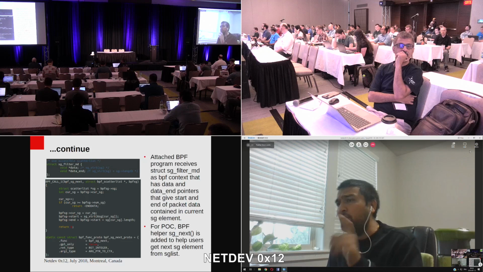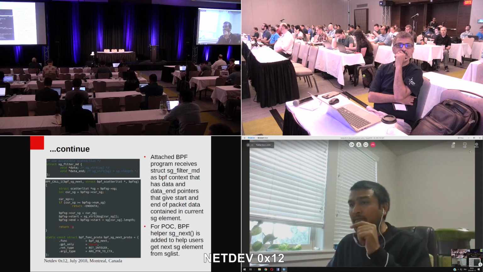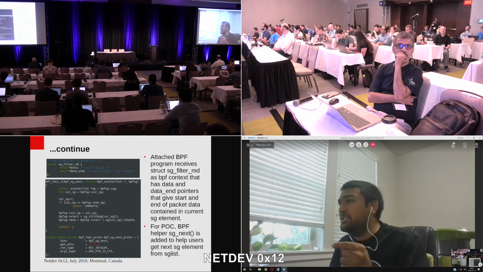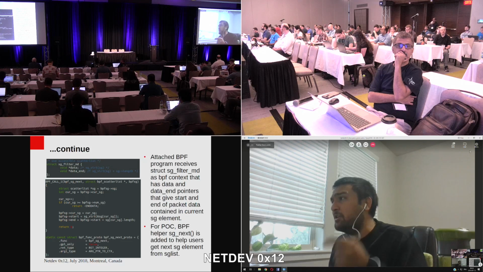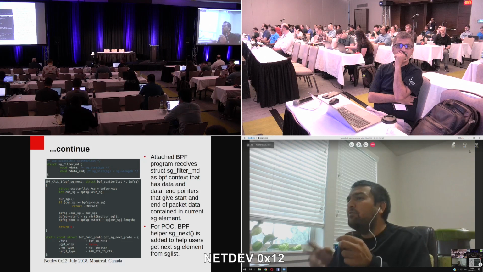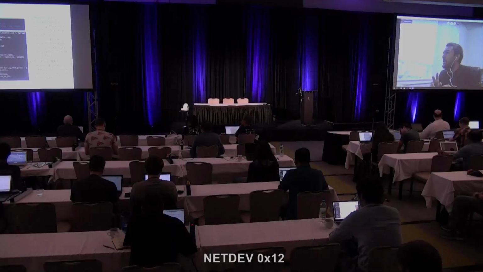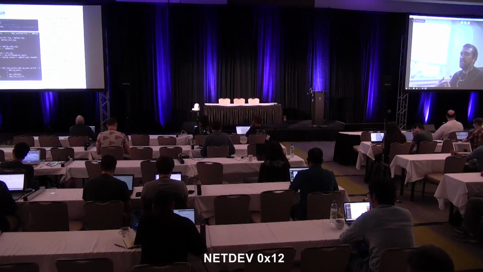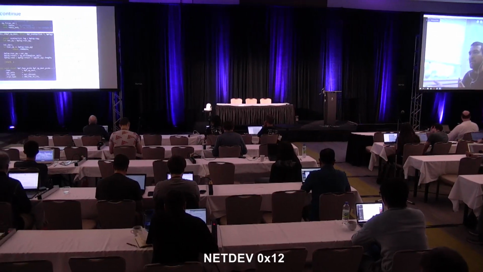When this function is called from the BPF program, it increments the current SG, which allows me to point to the next SG index or SG element in the SG list. Then it fills in the start and end pointers and returns, and my BPF program can now access the next element in the SG list.